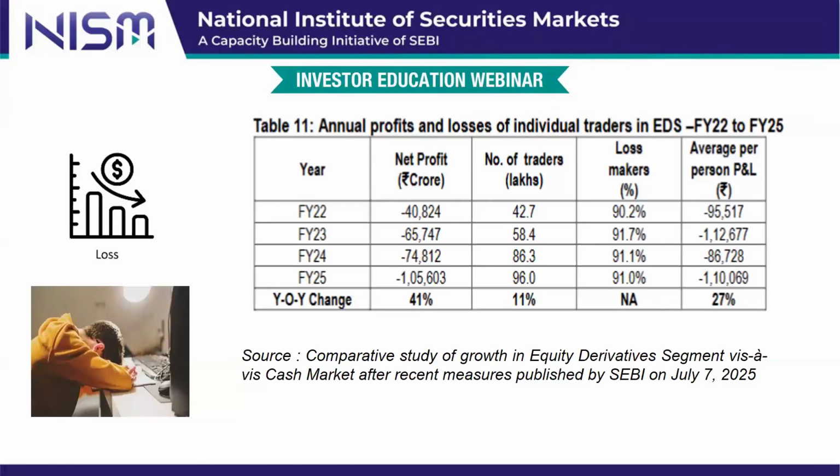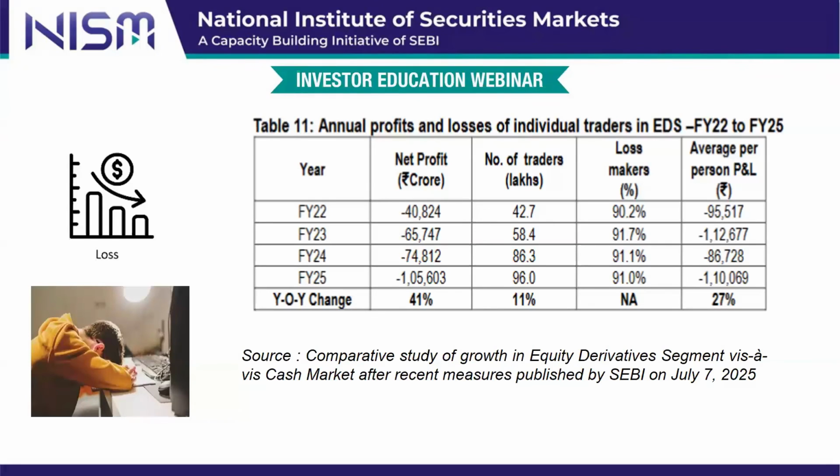But remember these aspects, and with the small capital that we have at our disposal, are we able to face these kinds of losses? Okay, so this chart clearly shows, taken from a comparative study of growth in the equity derivatives market vis-a-vis the cash market by SEBI, published on July 7, 2025, you can see the losses in the financial year 2025, 5,603 crores, made by individual traders and individual retail investors, whatever you can call them.